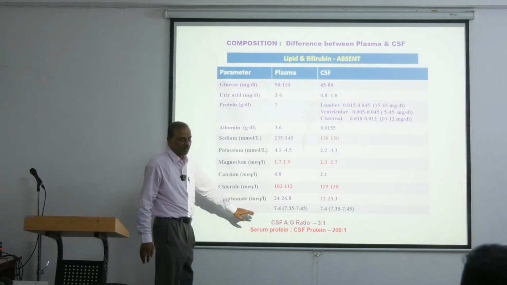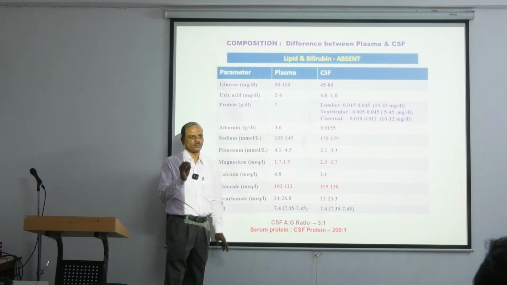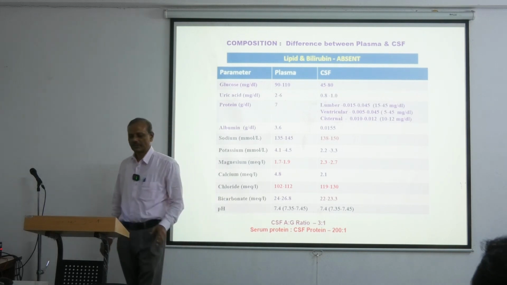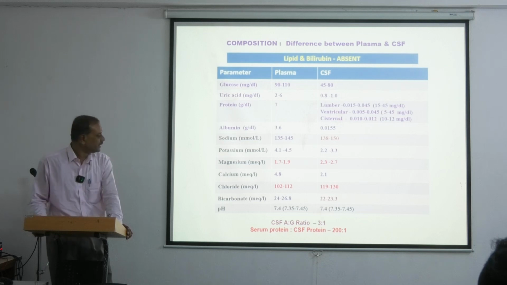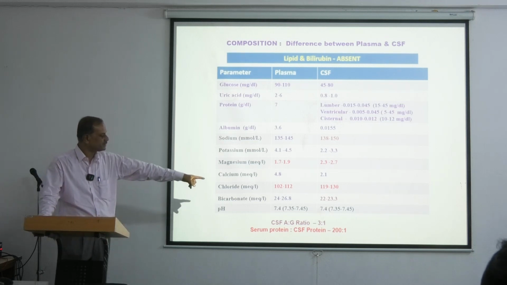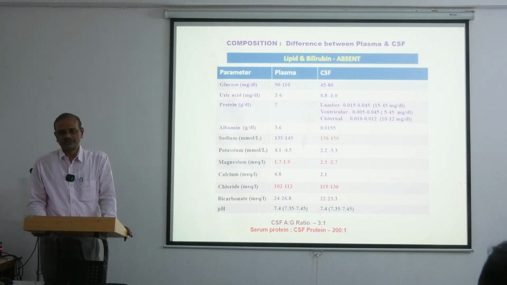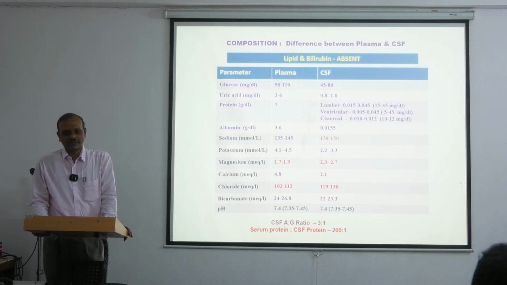Important point here, I have to ask this question: what is the normal A/G ratio in serum? Normal A/G ratio in serum is about 1 to 1.5 is to 1. That means albumin is present in higher concentration than globulin, always. Here you see CSF A/G ratio is 3 is to 1. You get my point.